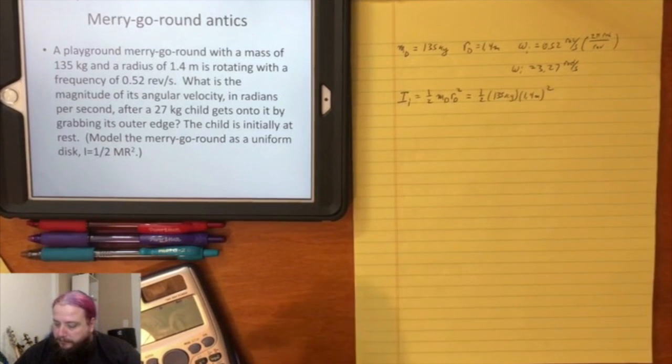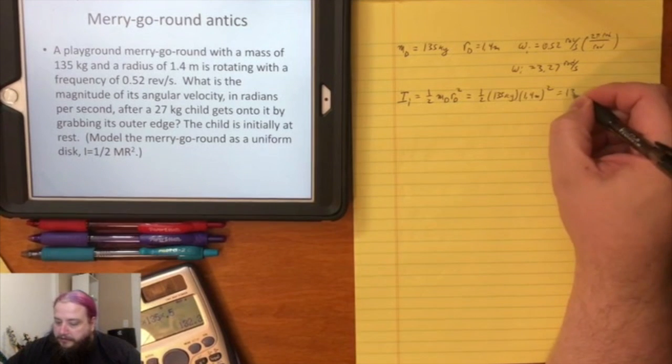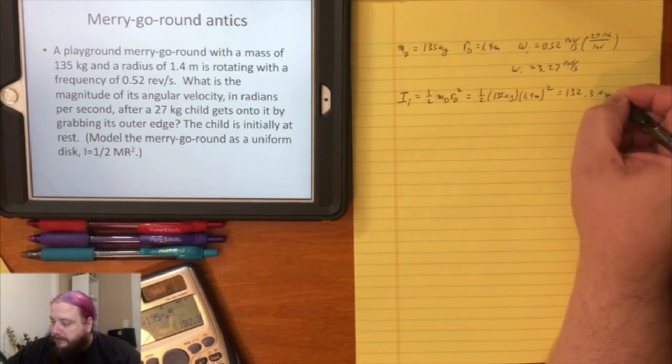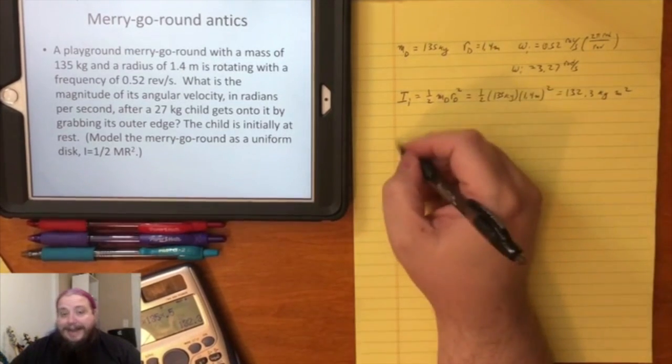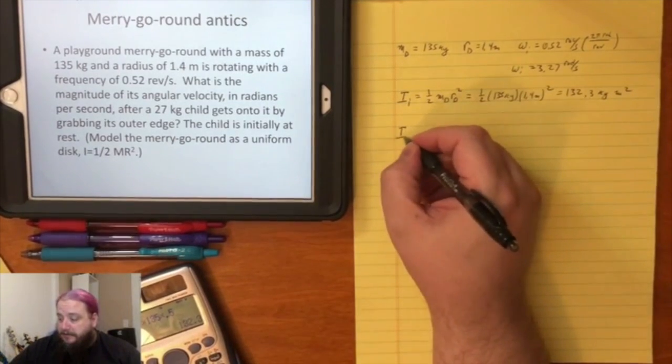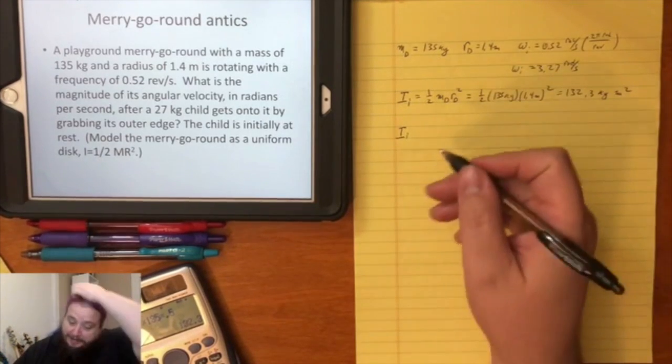So 1.4 squared times 135 times 0.5 gives us 132.3 kilogram meters squared.